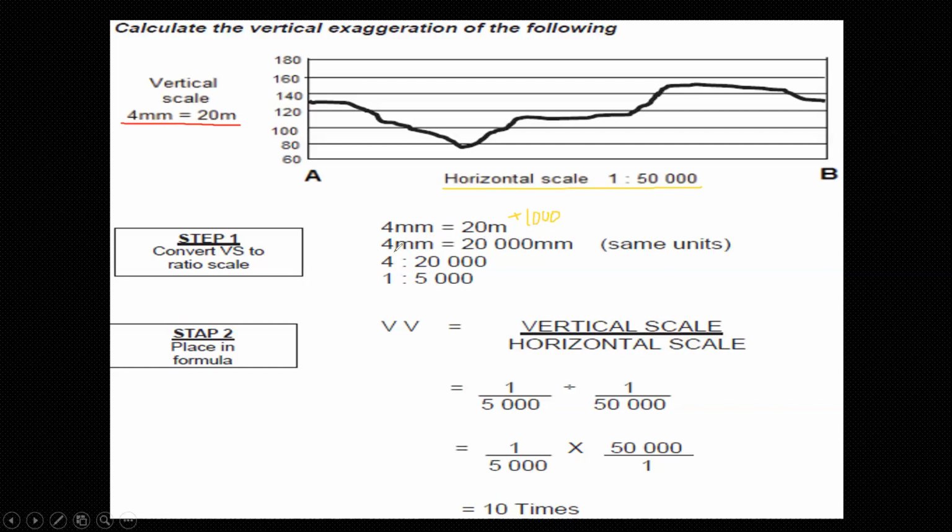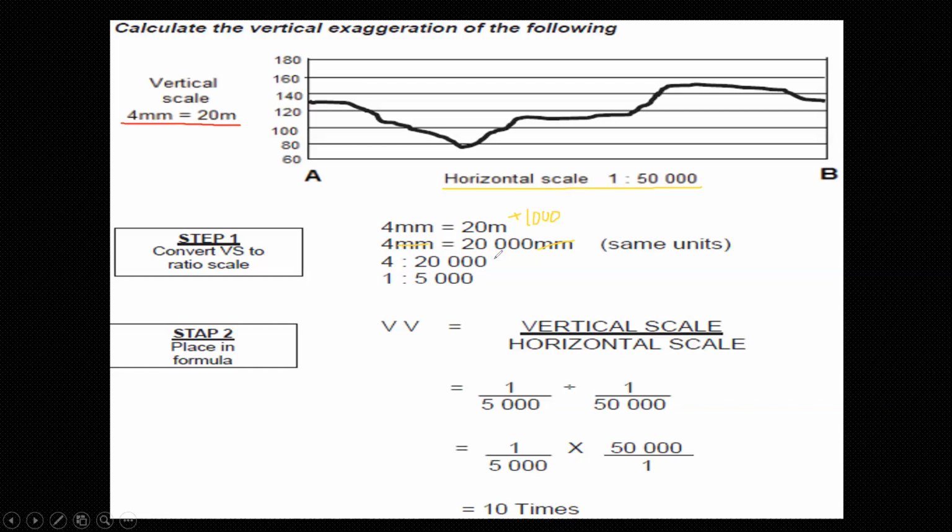So again, we have 4 millimeters on the side, but we don't want to have 4, we only want to have 1. So we take it down and we drop our units because they are the same on each side. Here, now we have 4 on this side, but we only want to get it into 1. So we divide this side by 4.